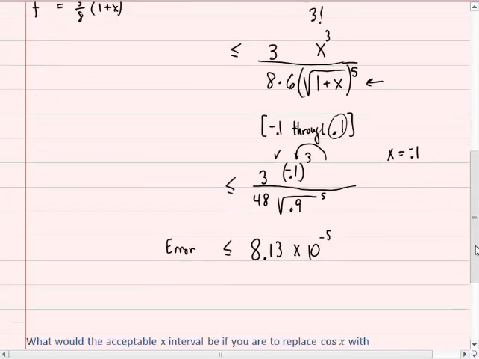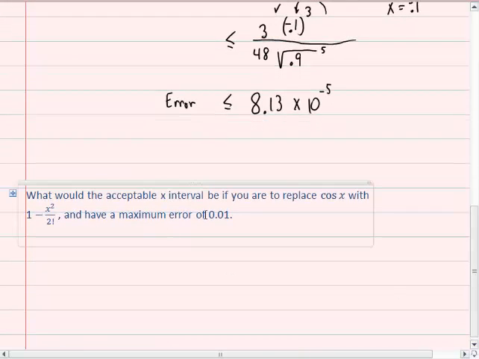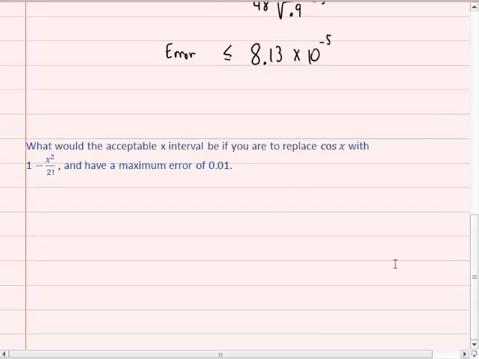Now we're going to work on a different problem, but working backwards, where we say, if we know what the maximum error allowed is, what would our acceptable x interval be? So tune in for that video. It'll be right after this video, and then you should have a handle on how we are using the remainder theorem to solve these types of Taylor polynomial problems.